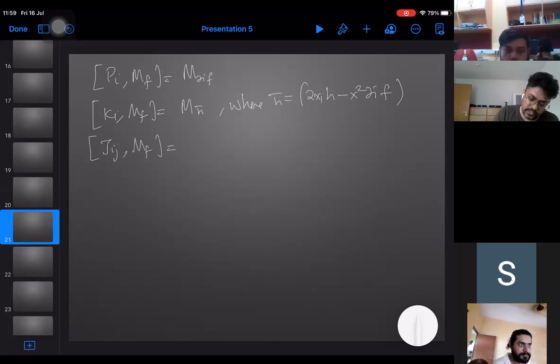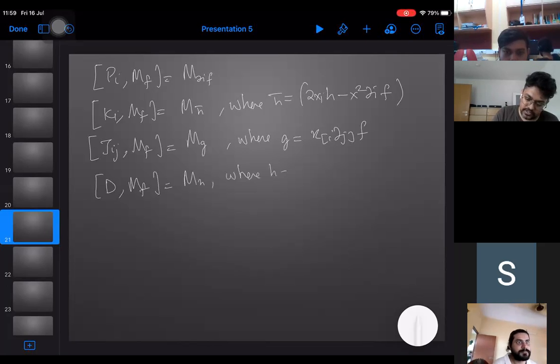Just give you some G, where your G is X goes to I del G acting on F, and your D with MF is some H again, where your H is Xi del IF minus F. Okay.